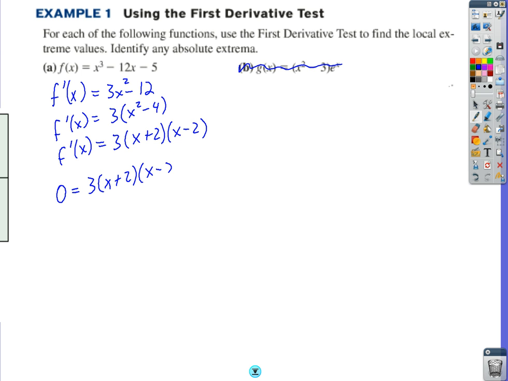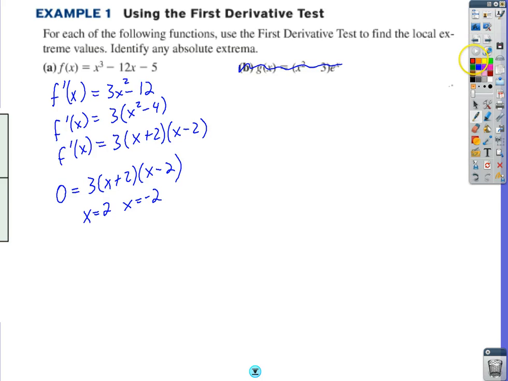If you were paying attention in Algebra 2 and Pre-Cal, you already see that x equals 2 and x equals negative 2 are my two possible critical points to look at for maximums and minimums.